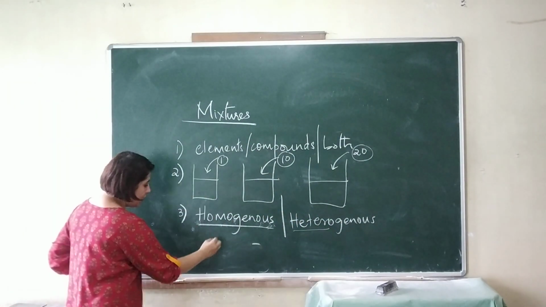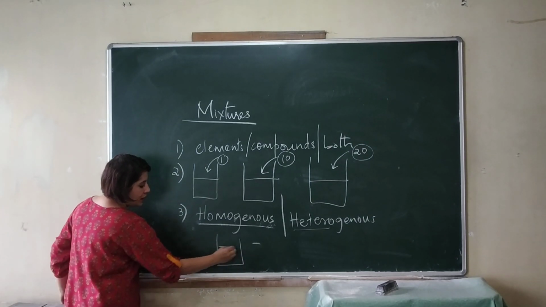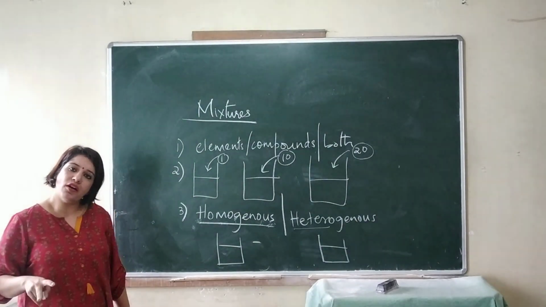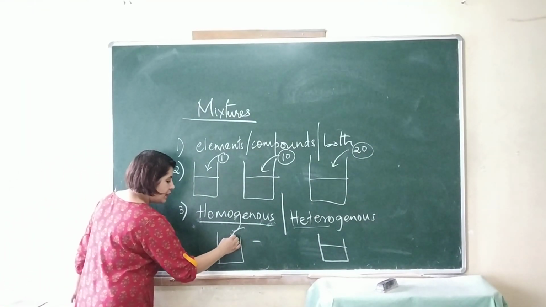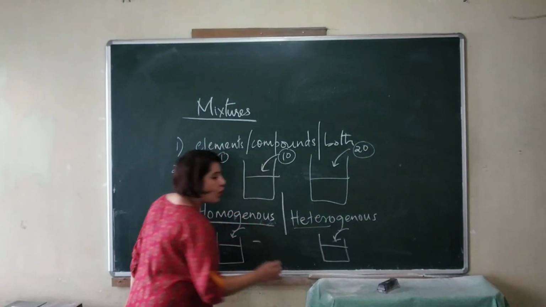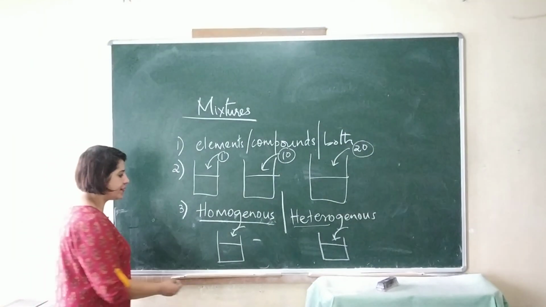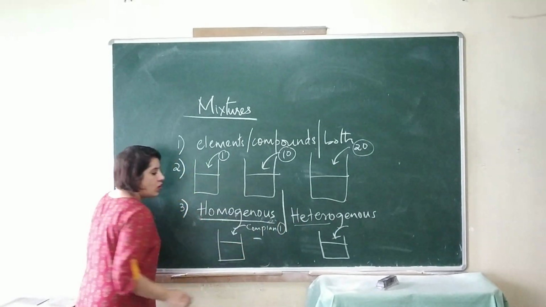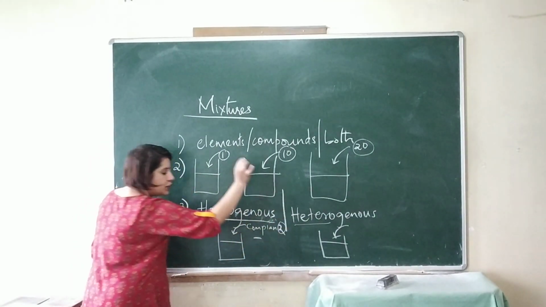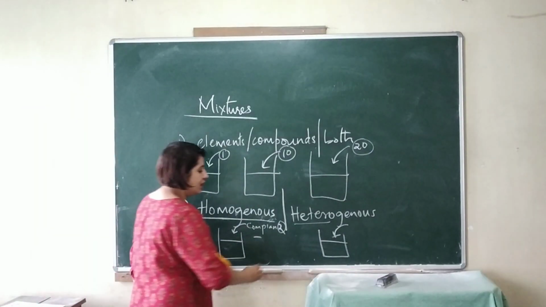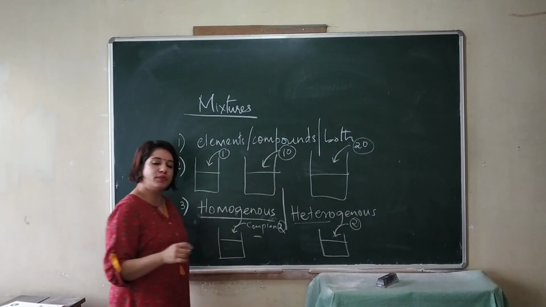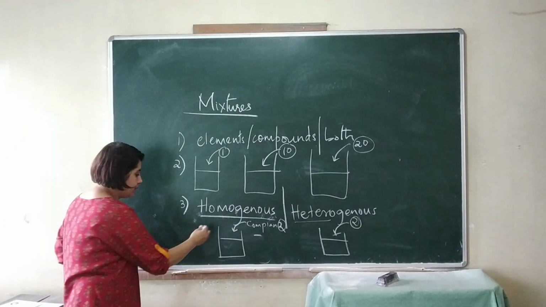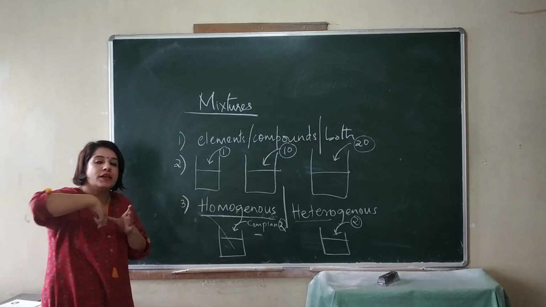So I'll give you an easy example. Suppose I give you a glass of milk. I give you 2 glasses of milk. And then you love adding Bournvita, Complan, Horlicks to it. So let's add Complan. Let's go for 2 tablespoons of Complan here. Here also 2 tablespoons of Complan. Here you stir it.